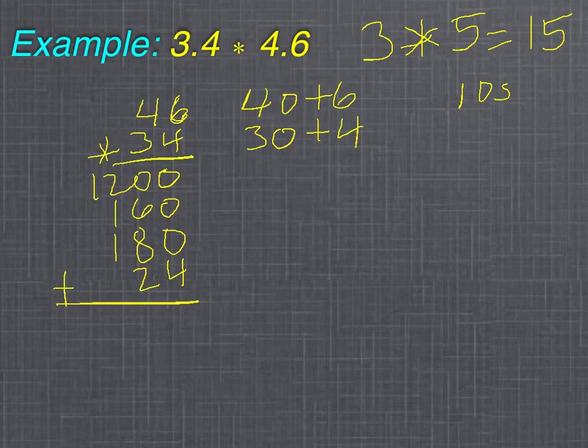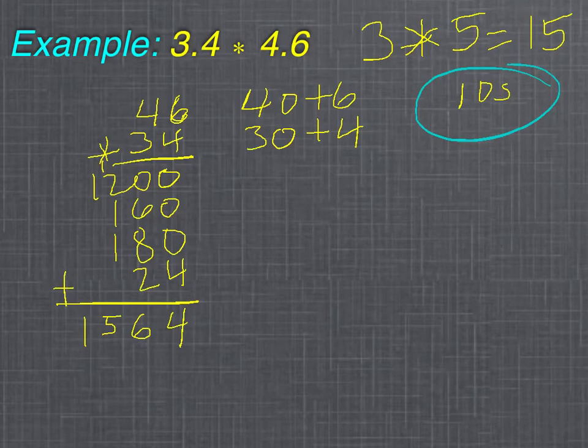All my zeros plus 4, 4. 6 plus 8 is 14, plus 2 is 16, and I carry my 1. Then 1 plus 2 plus 1 plus 1 is 5, and bring down my 1. So I've got essentially 1,564.